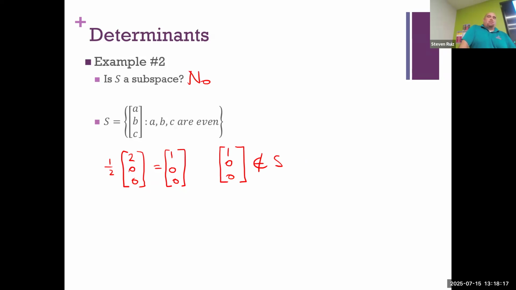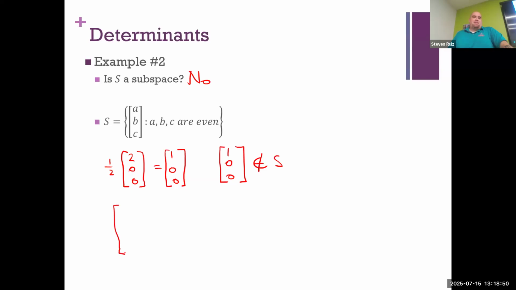But can we check for closure under addition? What if I add any of these vectors together that have all even components? It's still even, right? So what happens when I add even numbers together? I'll get something even back. So what does it mean for a number to be even? Just making sure we know.